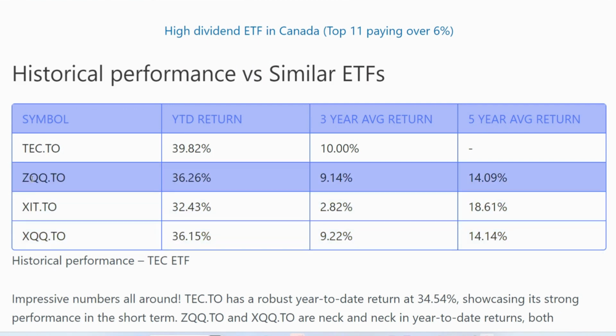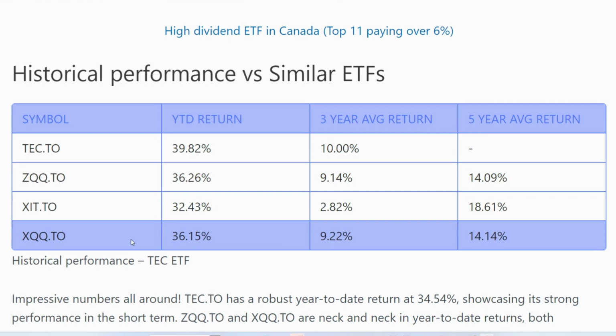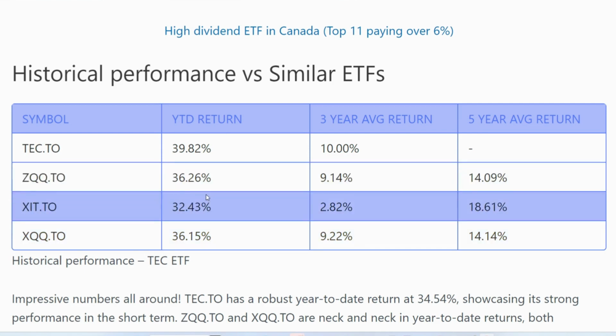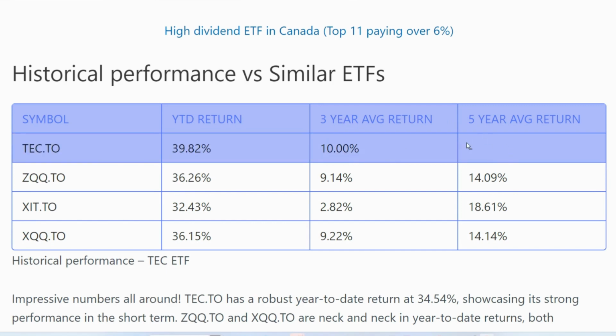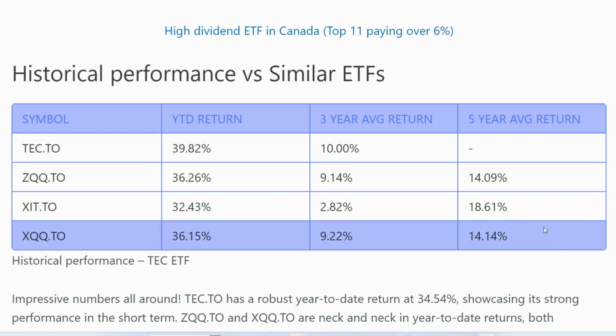XQQ is similar to ZQQ, and it just tracks the NASDAQ 100. As you can see here, the 3-year average return of TEC is at the top with 10%. It's not old enough to have the 5-year average return, but you can see globally the technology sector has had an amazing growth.